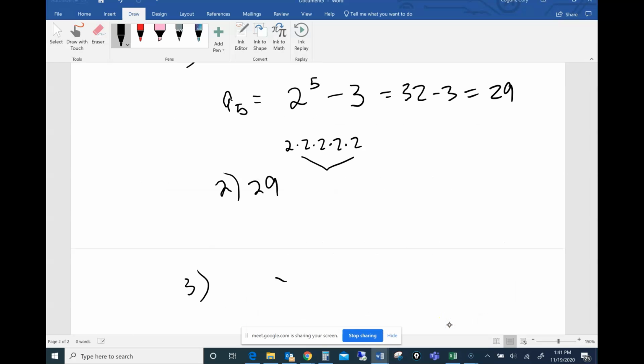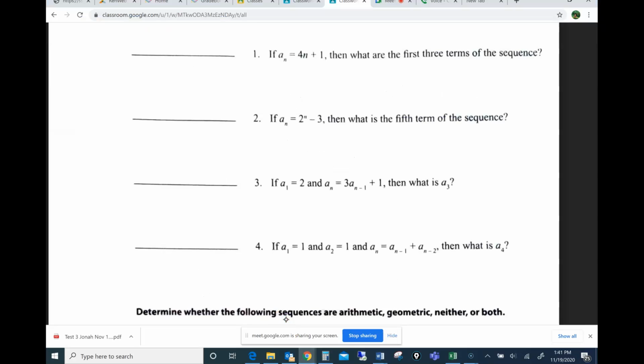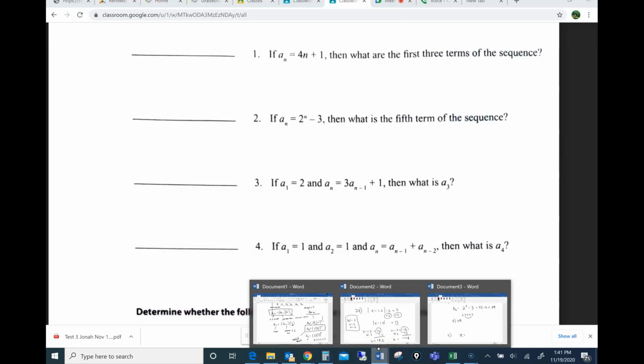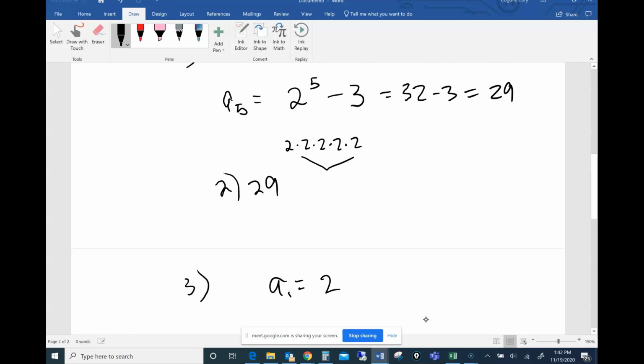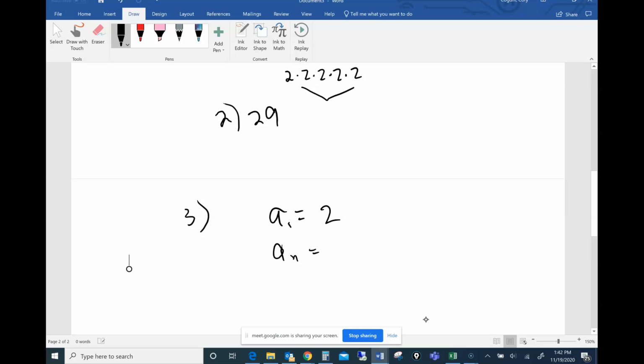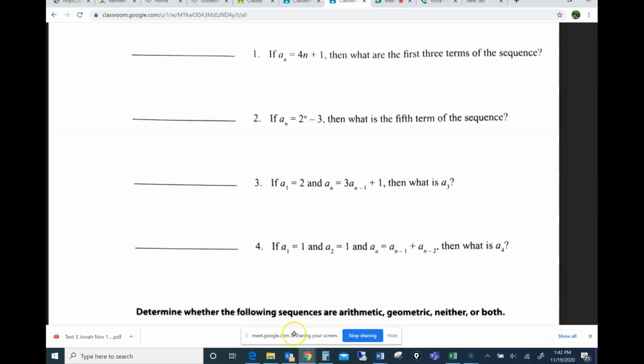Number 3, the first term is equal to 2, and then the recursive formula is 3 times a sub n minus 1 plus 1. Let me double check it. Yep, plus 1.